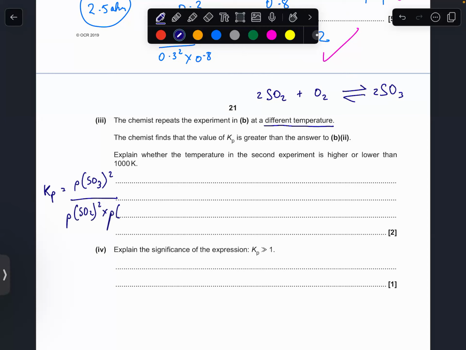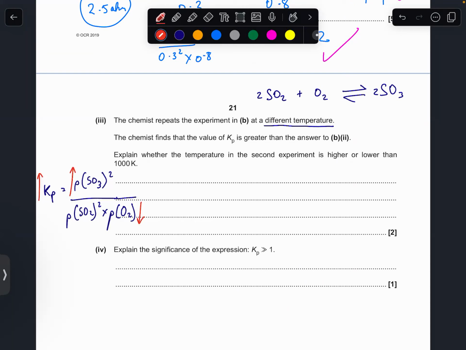Now, if the Kp value has gone up, that means the partial pressure of SO3 must have gone up and the partial pressures of the reactants must have gone down.